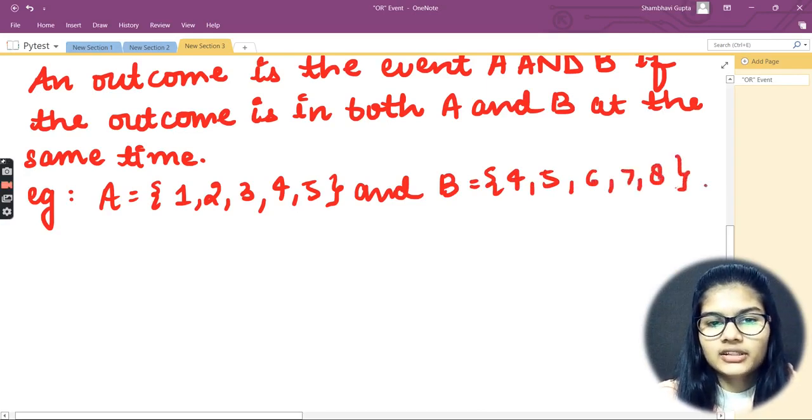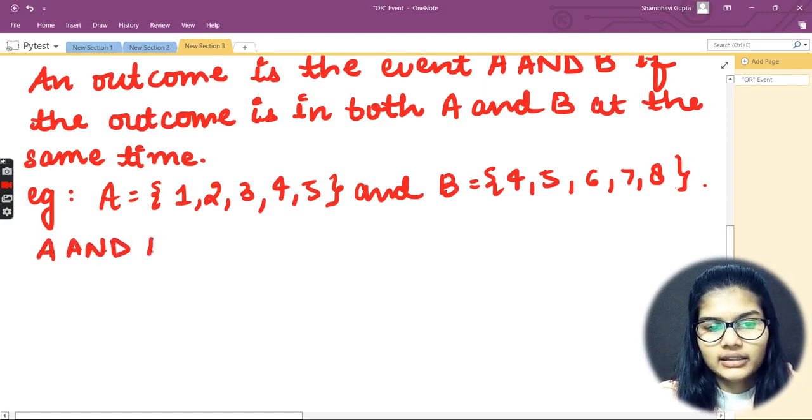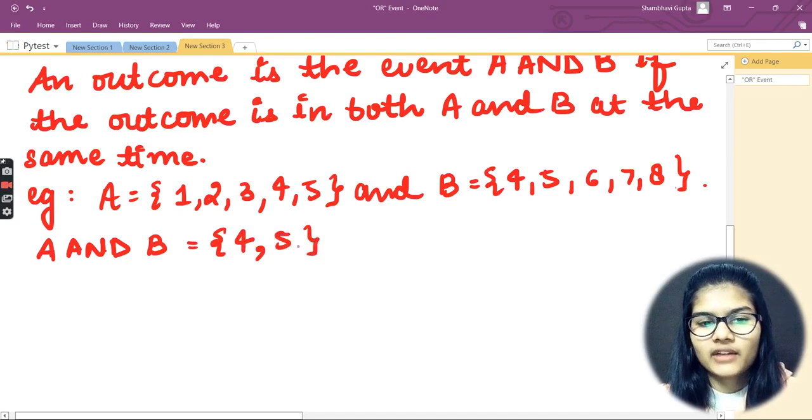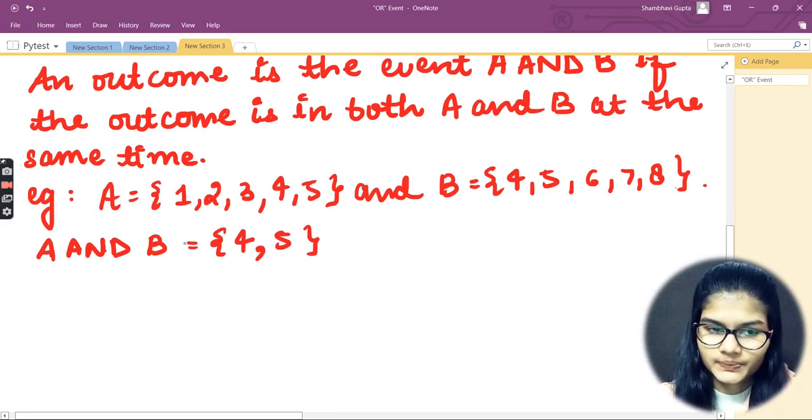Now if I have to write A and B, how will I write it? I'll write whatever common numbers I have in both of the lists, whatever common outcomes I have in both of the events. The common outcomes I have are 4 and 5, right? So I mention 4 and 5 in A and B.